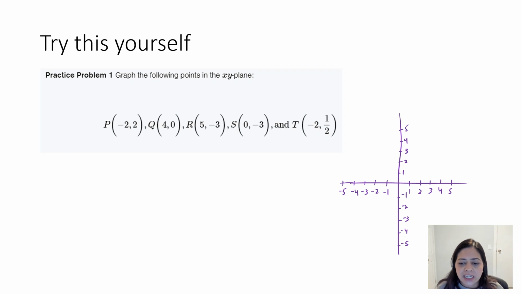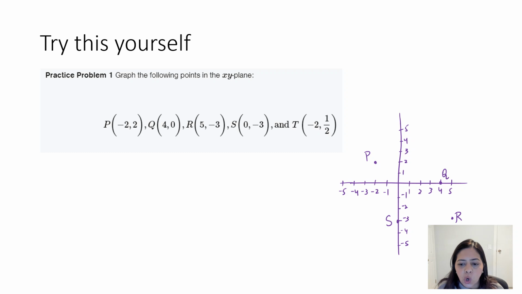So P is -2, 2. So -2, 2, that's where you have P. 4, 0, that's the point Q. 5, -3, so that's the point R. 0, -3, that's the point S.